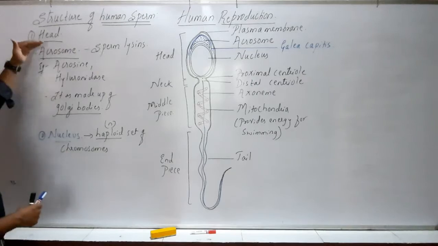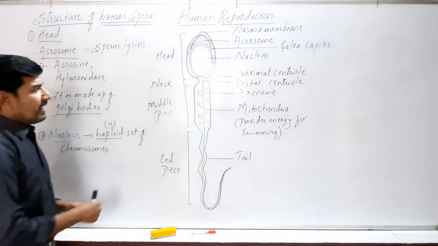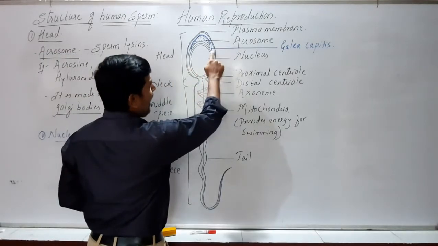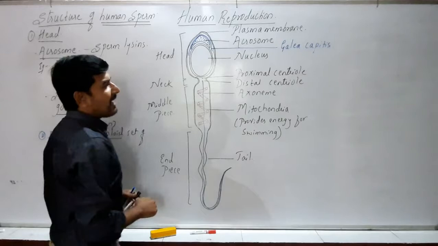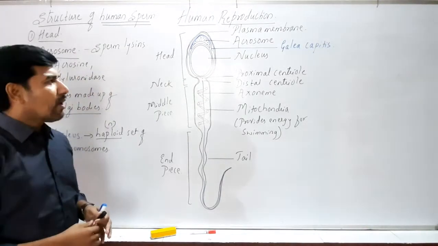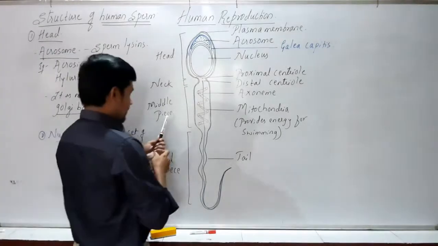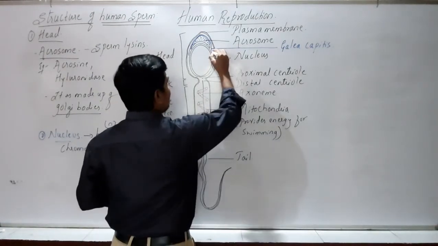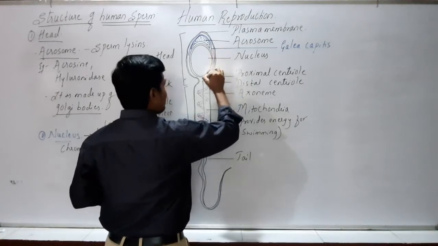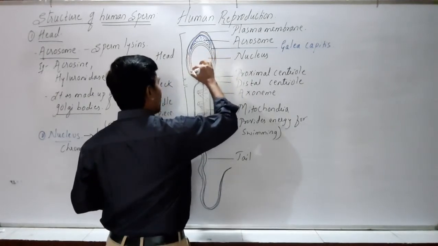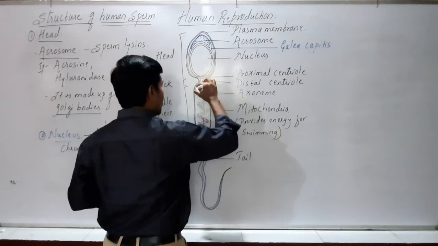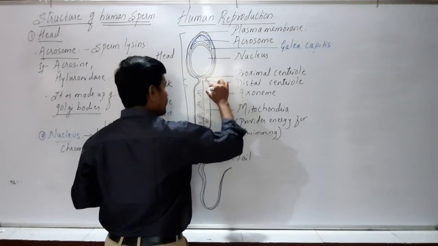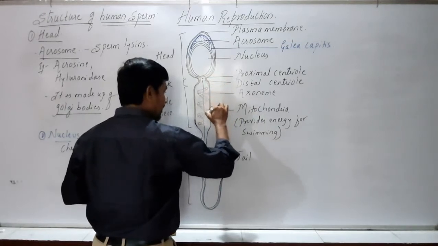So this is regarding the part of the head. Then let's go to the next part. In the head, after the layer called galea capitis, one more layer develops. This other layer arises from half part of the nucleus, and it also extends to the length of the middle piece.